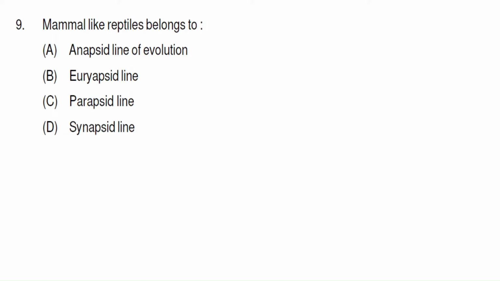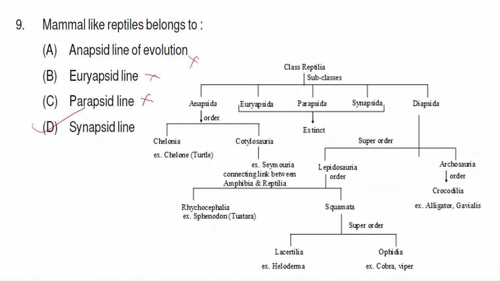Next question. Mammals like reptiles belong to which subclass? Anapsid? No. Euryapsid? No. Parapsid? No. The answer will be synapsid. How synapsid? Let's look at a brief outline of class Reptilia. These are the 5 subclasses present in Reptilia.